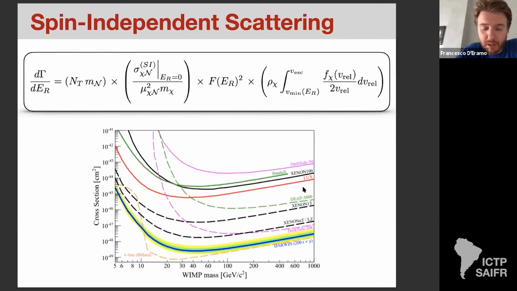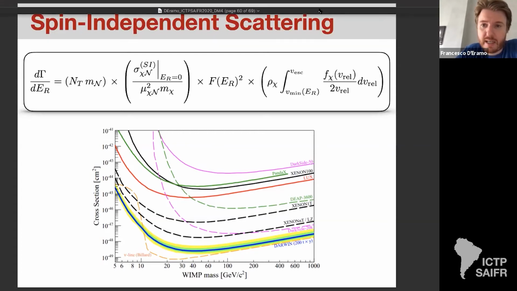Here is a plot that I took from a few years ago, but it can show you the future projection for this effort. This is the line of Xenon 1 ton that at the time was still a projection, but now it's an actual experimental bound. And you see that in, roughly speaking, 10 years, there will be the Darwin experiment that will reach the sensitivity able to touch this orange line.